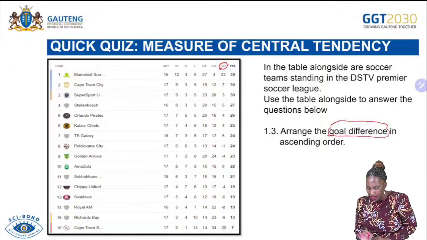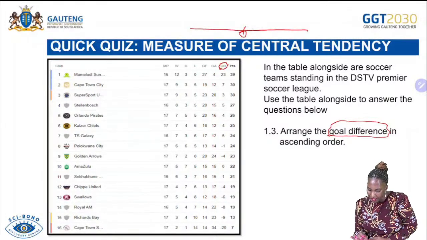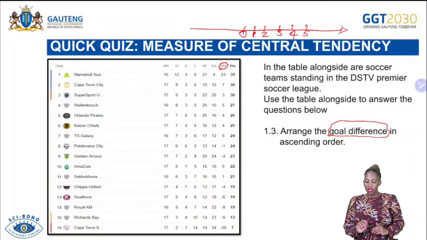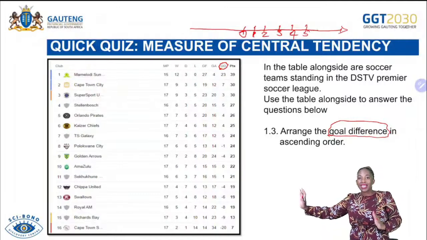On our number line, in the middle we have 0, and on the right hand side they are positive. It will be 1, 2, 3, 4, 5, and then we go on. It continues. So as you see, from 0 going to the right, the numbers are increasing.